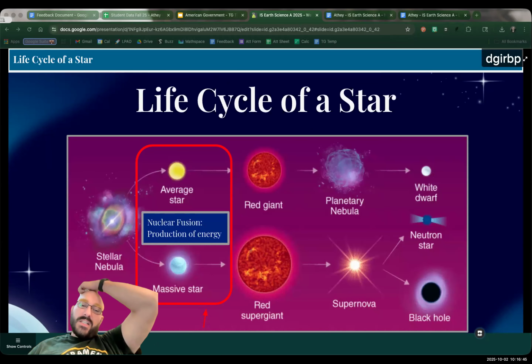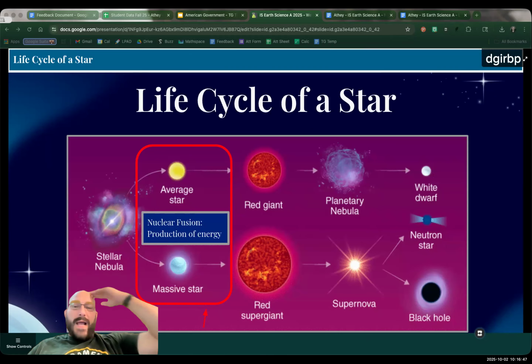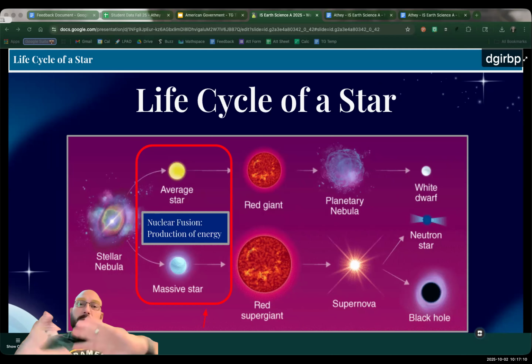So let's look at the life cycle of a star. A star starts as just free matter floating in space until that matter gets close enough that its gravity starts pulling the pieces together.